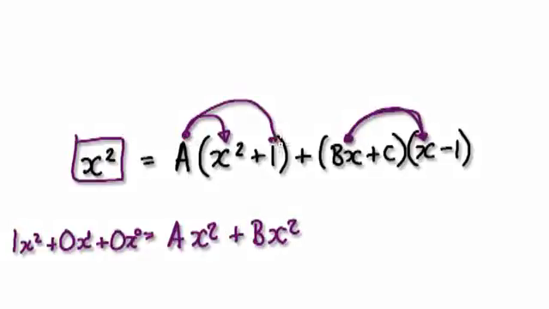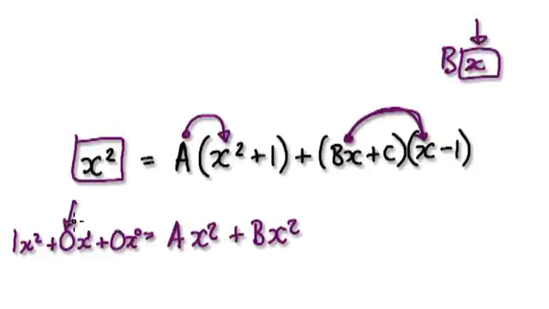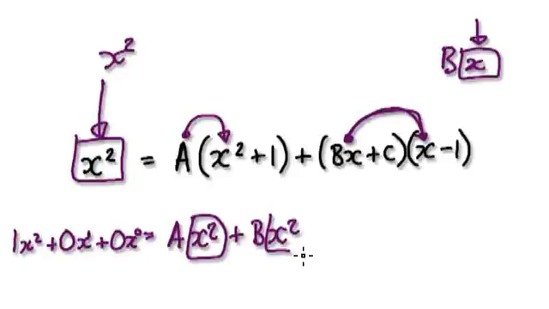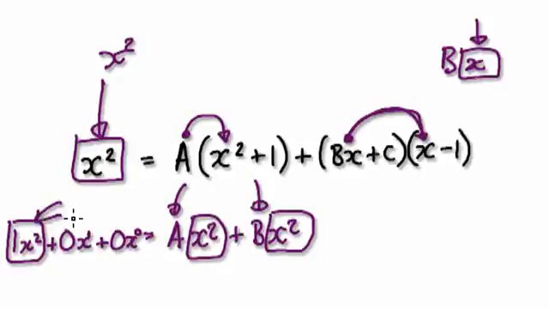We don't really care about the constant a here, and we don't care about this bx here, because it's going to be 0. So let's look at it in the x squared term only. We need to find a and b in such a way that it equals 1x squared over here.